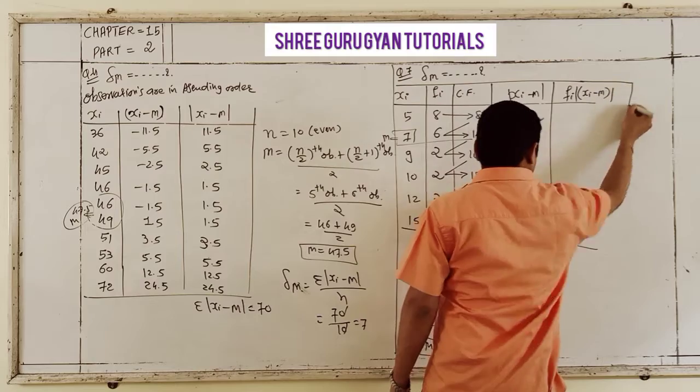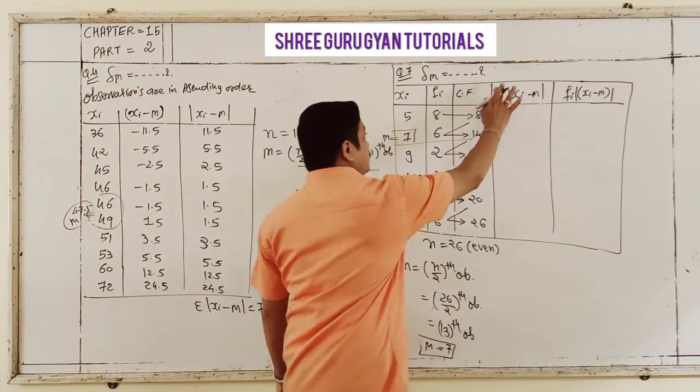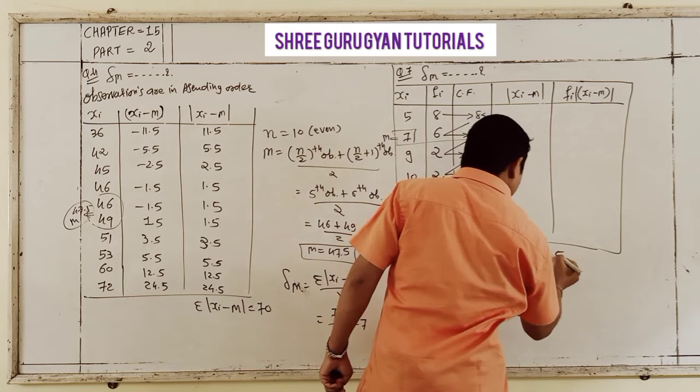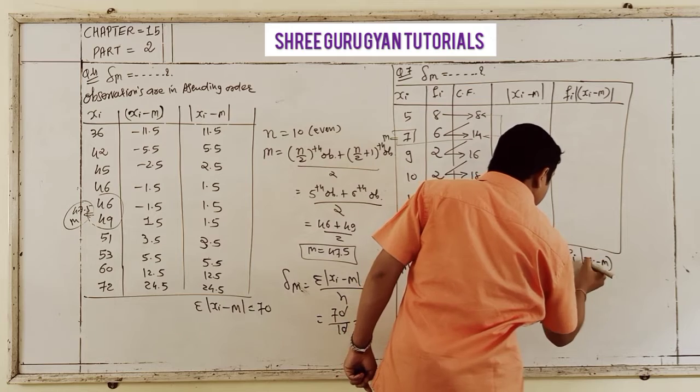I want my final total values in sigma fi with |xi minus m|.